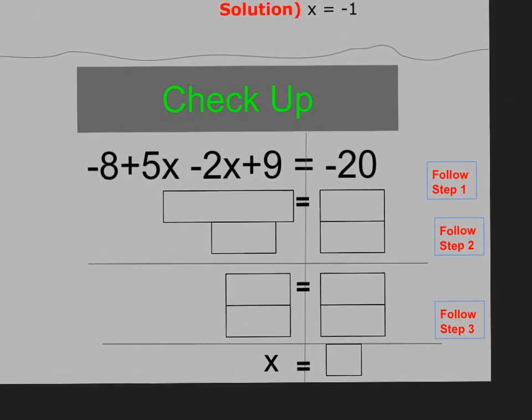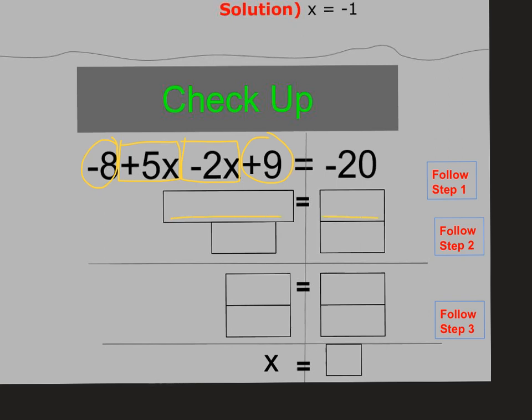Now, in case you're not sure what all of these boxes are for, for example, first step I need to do, well, step 1 said to combine my like terms. So when I look here, I see that I have negative 8 and positive 9 go together, and I also notice positive 5x is going to get combined with negative 2x. When you do the combining part, that's going to go here.